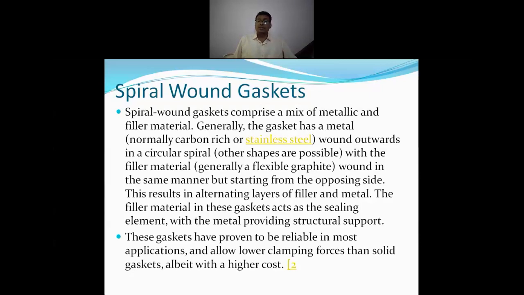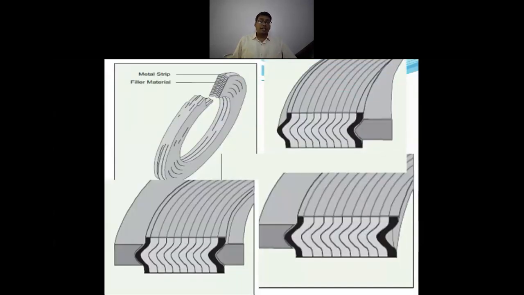These are the different types. Not only these four types, but other permutations and combinations can also be done. This results in alternating layers of filler and metal.